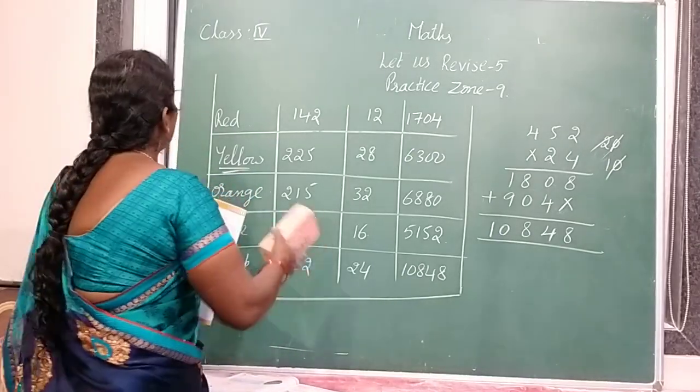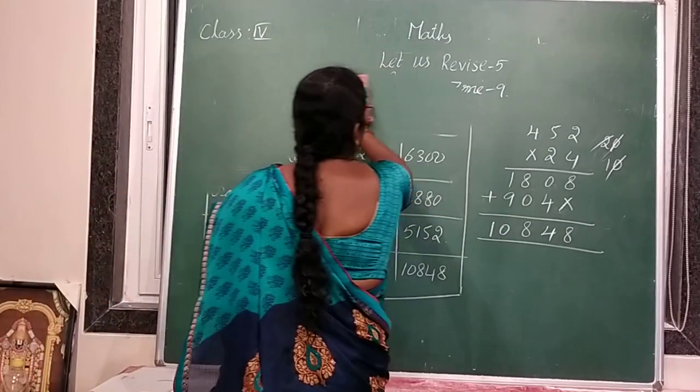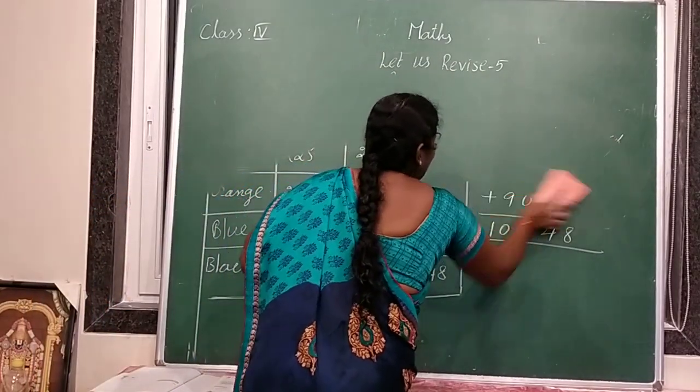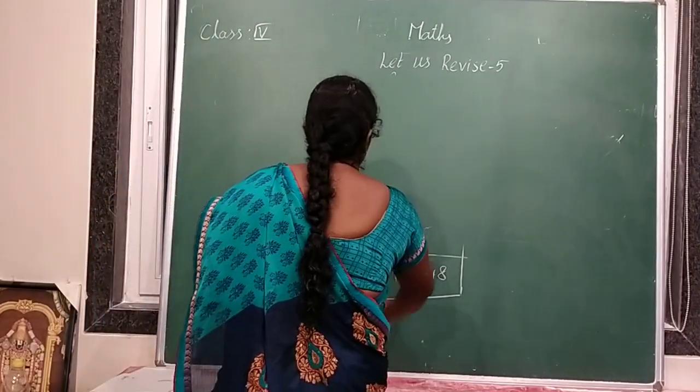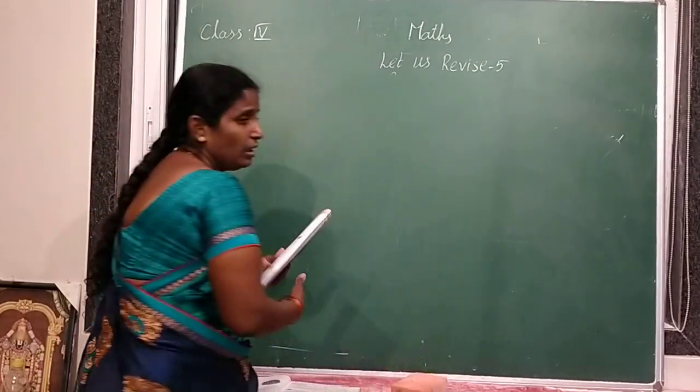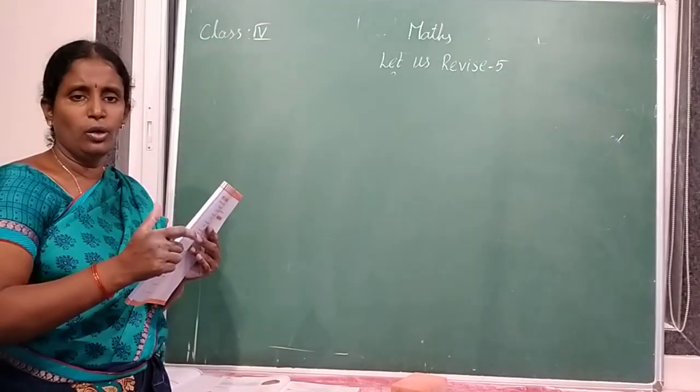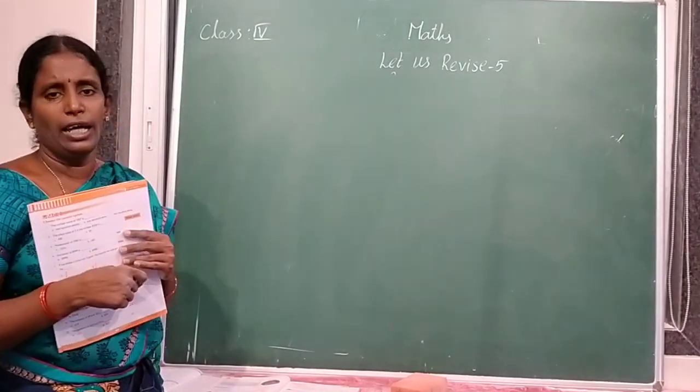So what are the numbers from 0 to 100? That means we have to take 0. We have to include 0 and 100 also.